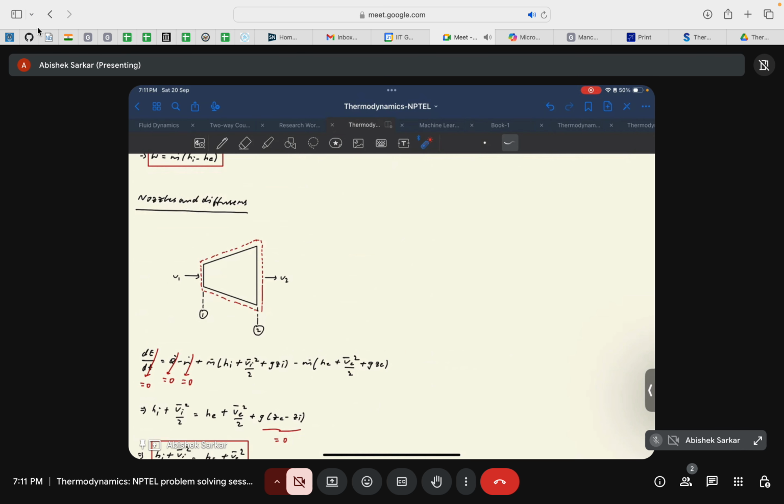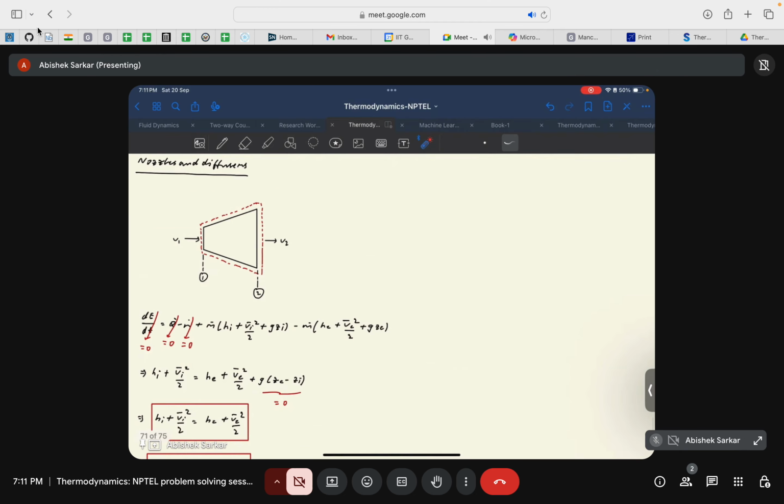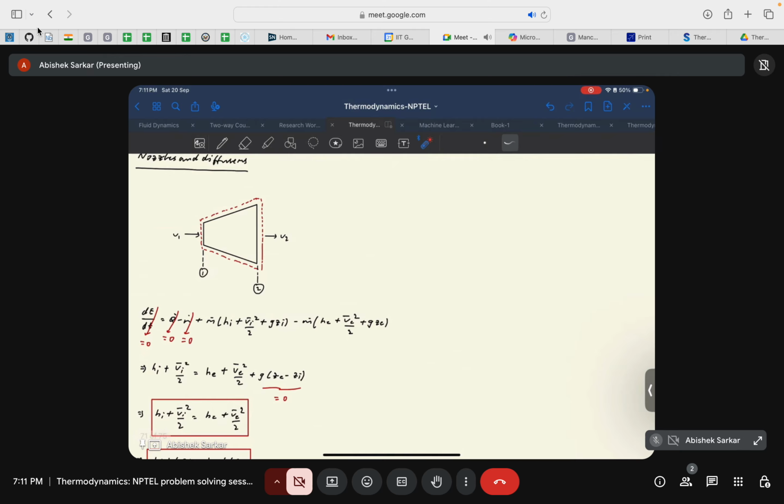For subsonic flows, nozzles are usually used to increase the velocity, and diffusers are usually used to decrease the velocity, or increase the pressure. Since the very purpose of this device is to change or affect the velocity, these velocity terms, given by the kinetic energy terms, cannot be neglected, because these are terms of relevance in the equation.